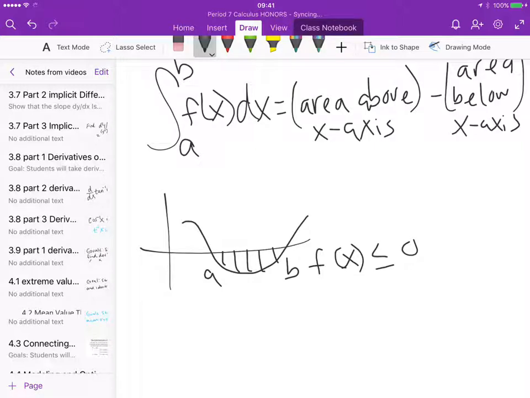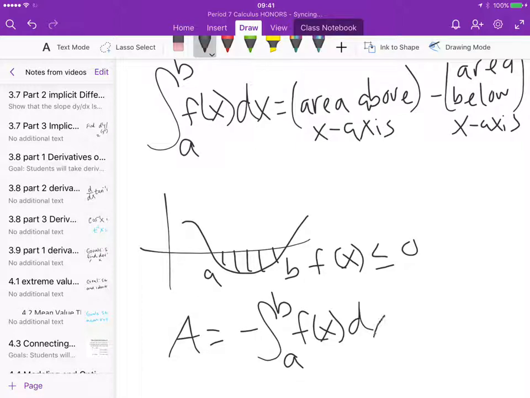Well, if this scenario comes into play, it's almost like the opposite of everything that's happening above the x-axis. And so really, this area is going to be represented as the opposite of the integral from a to b of f of x dx. All right? And so this is kind of the negative area of f of x, right? Negative area of f of x is what this is looking for.